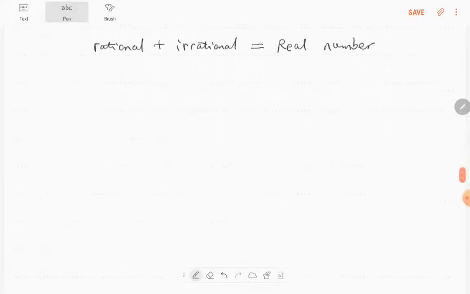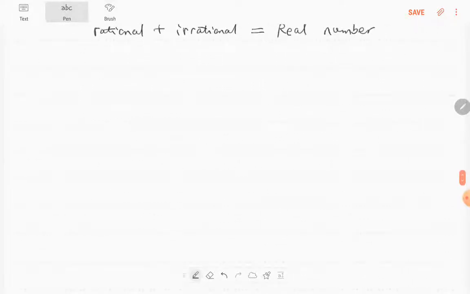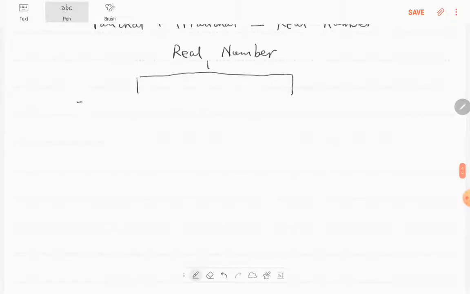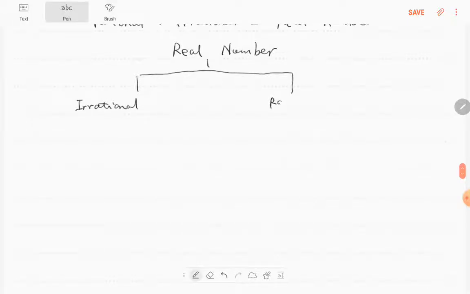So we use a table to represent the relationship of all the numbers. First, we talk about real numbers. Real numbers consist of irrational numbers and rational numbers.